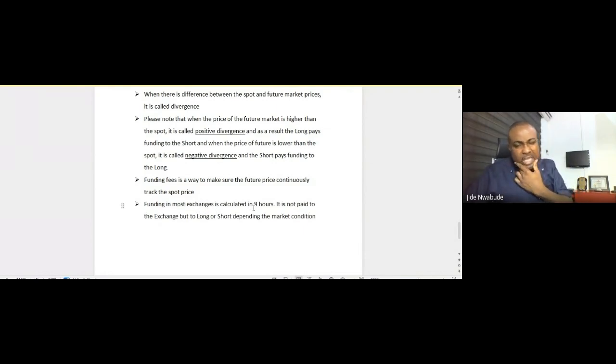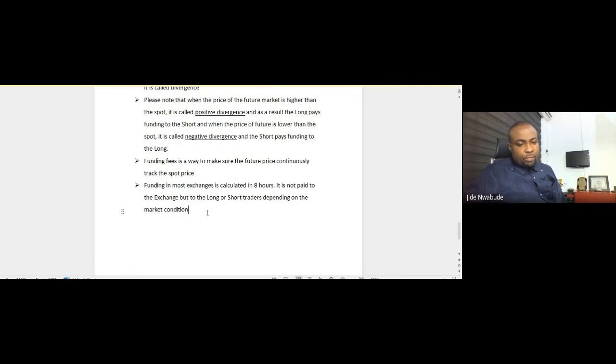It is not paid to the exchange, but to the long and short traders, depending on the market condition, depending on which is higher or which is lower.